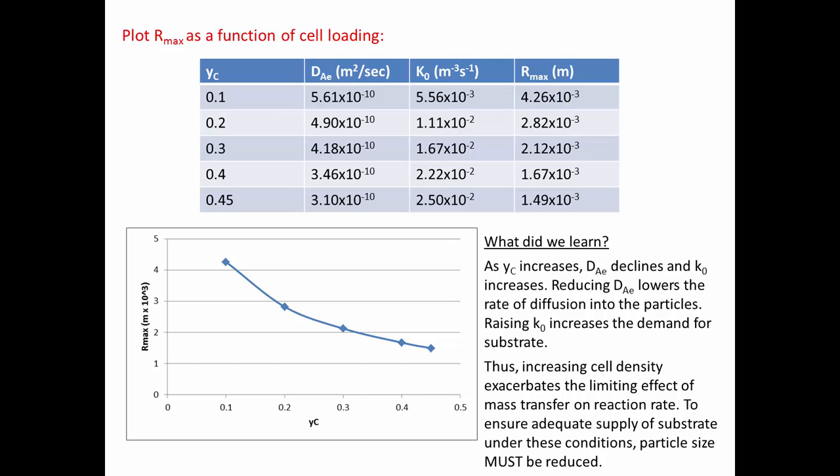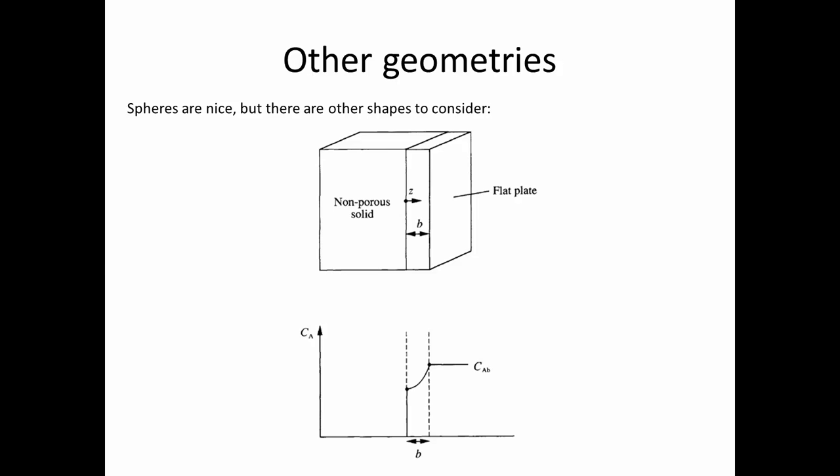We have thus far considered spheres, and those are nice, but there are other shapes to consider. There are often flat plate geometries, and instead of thinking in terms of radius, we think in terms of the width of the plate.